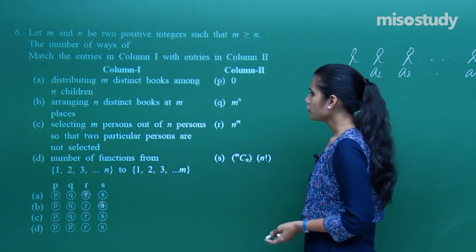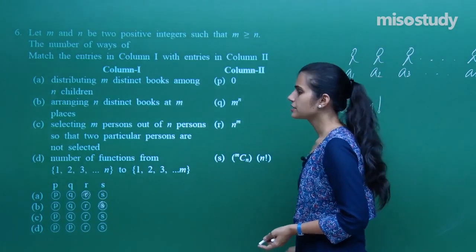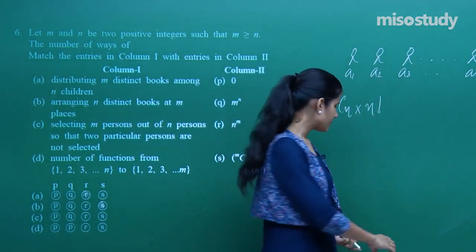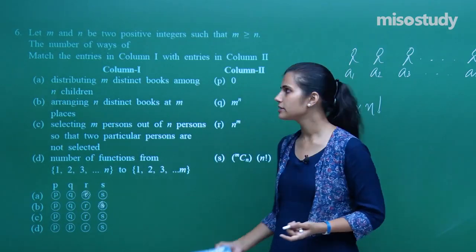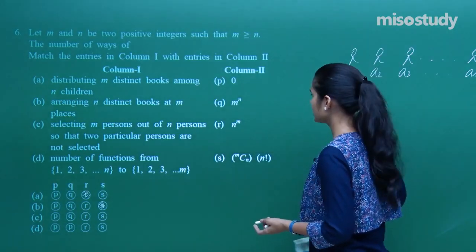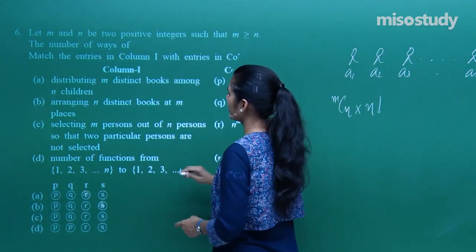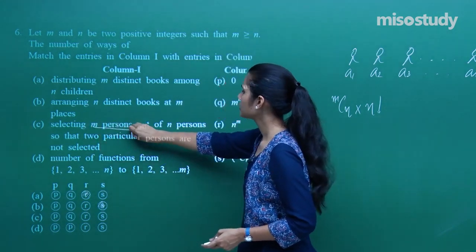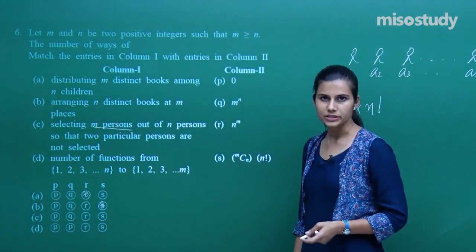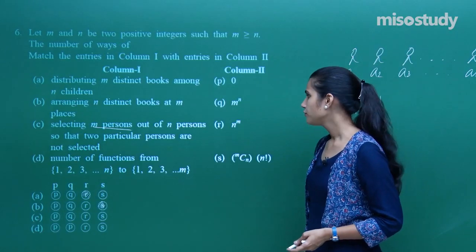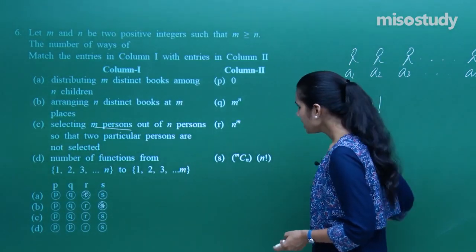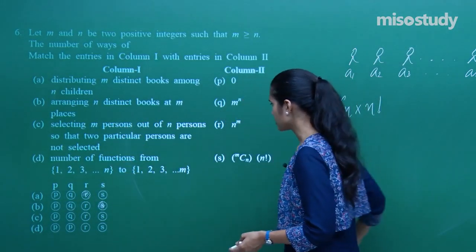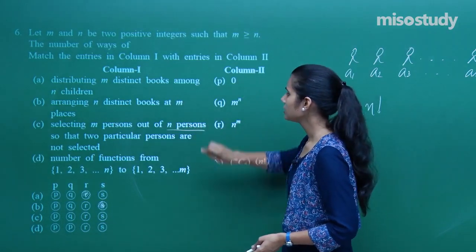Selecting m persons out of n persons so that two particular persons are not selected. So it is basically saying that there are two particular persons which are not supposed to be selected. So overall there are n persons and you want to select m persons.